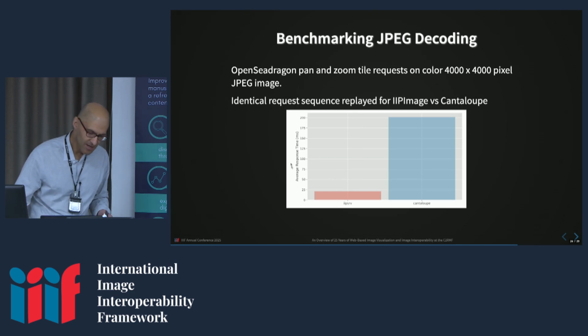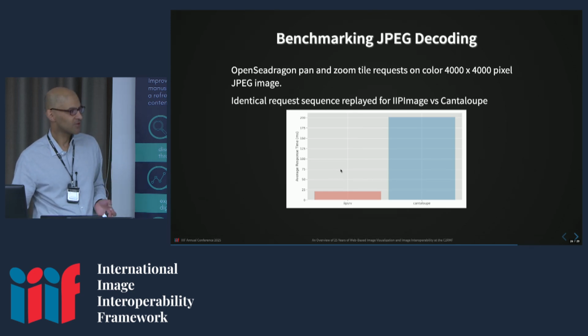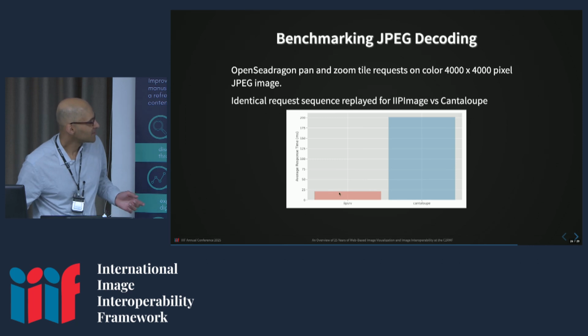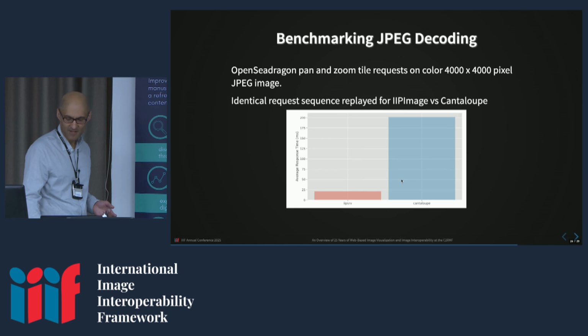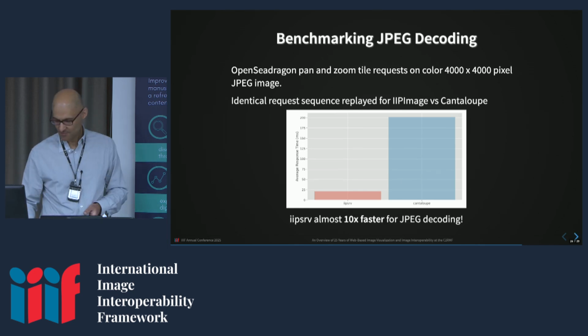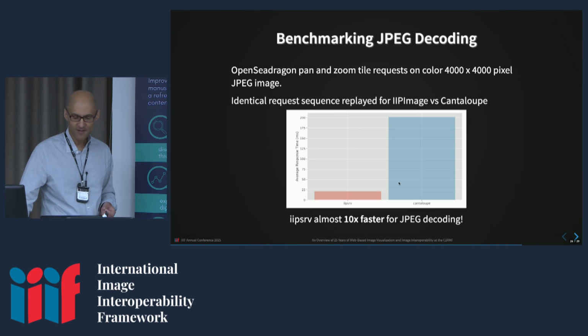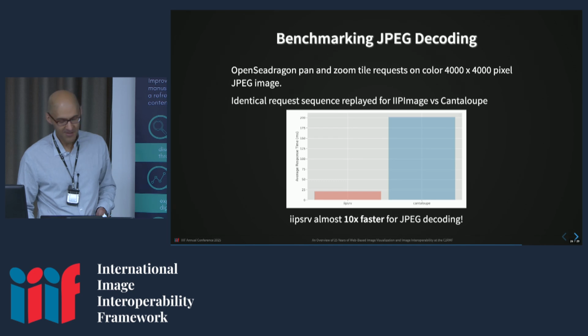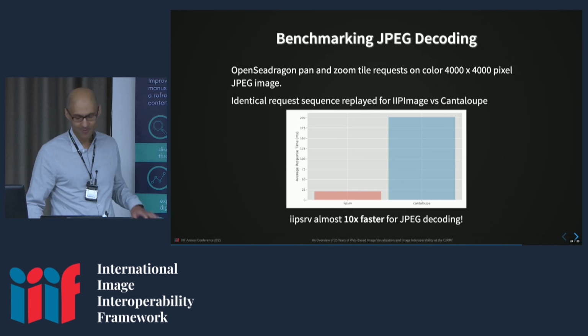This is response time, so the lower the better. This is IIP Image on the left and Cantaloupe on the right. We have about a 10 times faster processing time with this new version of IIP Image compared to Cantaloupe. So if you're thinking about adopting IIP Image, if you're interested in speed, it's maybe worth it.